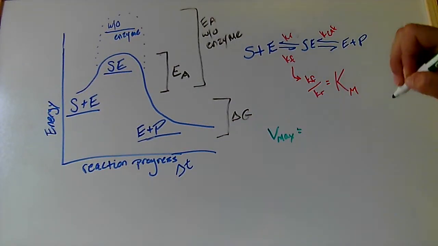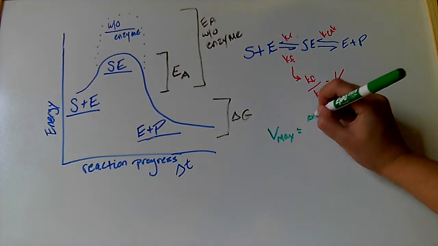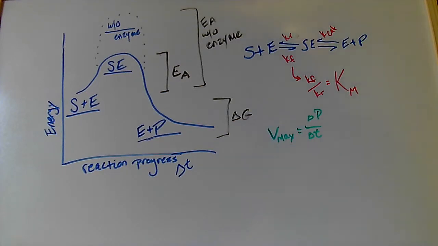Well, to break that down, what all that really means is how much product are you getting over any given period of time. So this is change in product over change in time. It's a rate. How quickly are you generating product? That's what that expression means. Okay.